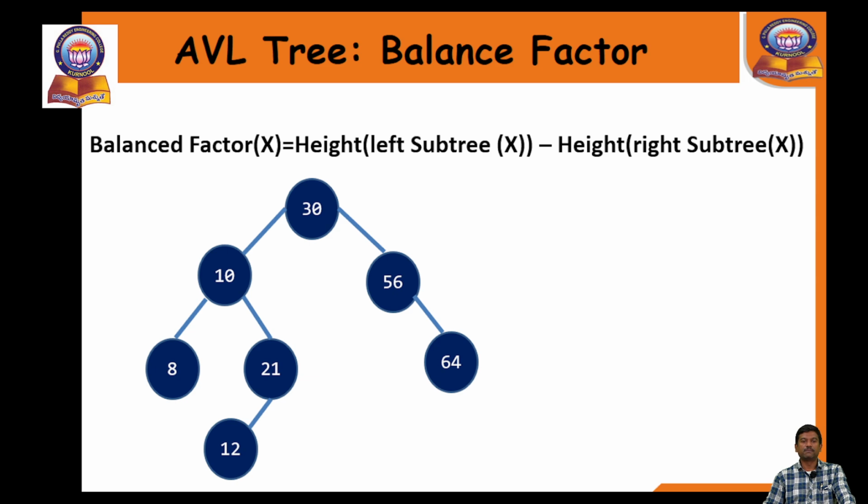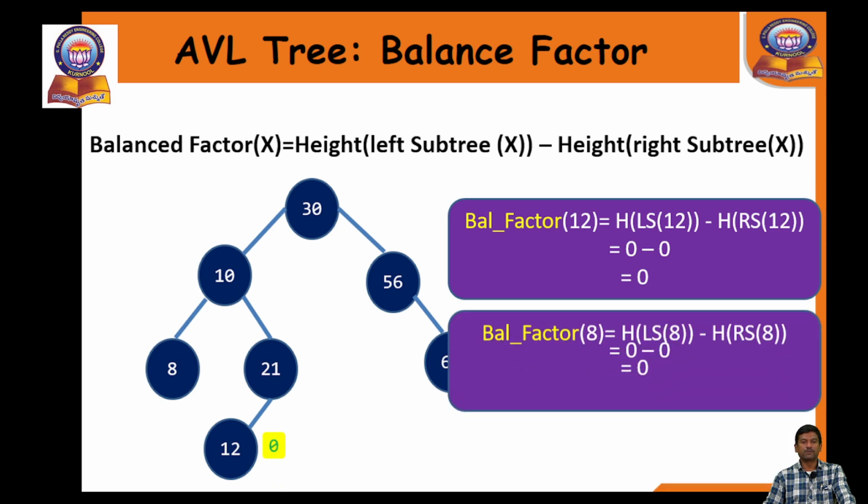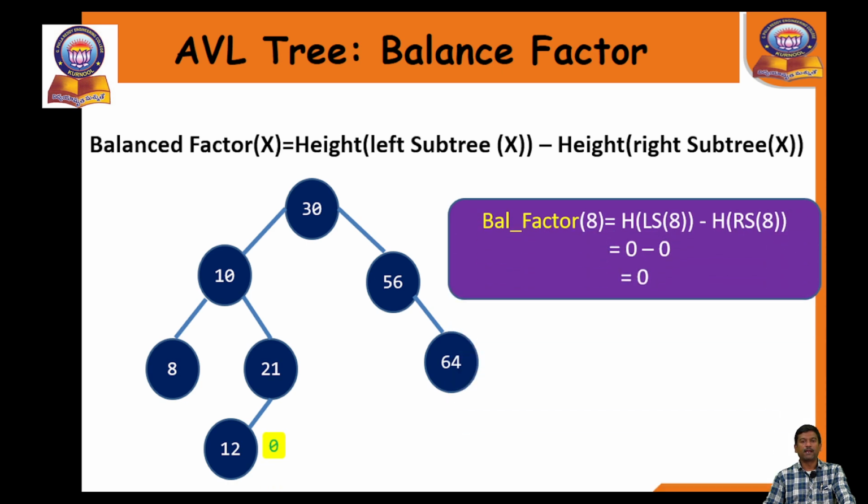That is, balance factor of node 8 is equal to 0, balance factor of node 12 is equal to 0, balance factor of node 64 is equal to 0, because it does not contain any left subtree or right subtree.